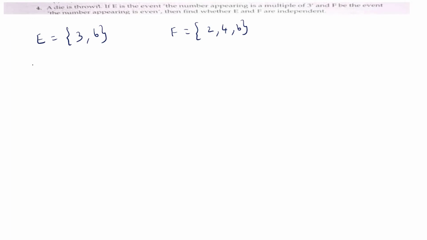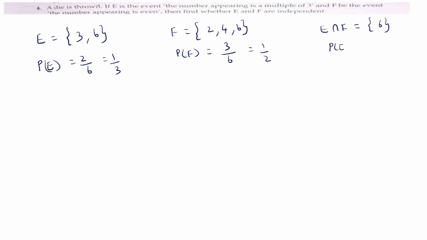So probability of E is equal to 2 by 6, 1 by 3, and probability of F is equal to 3 by 6, half. And then E intersection F is equal to 6. So probability of E intersection F is equal to 1 by 6.